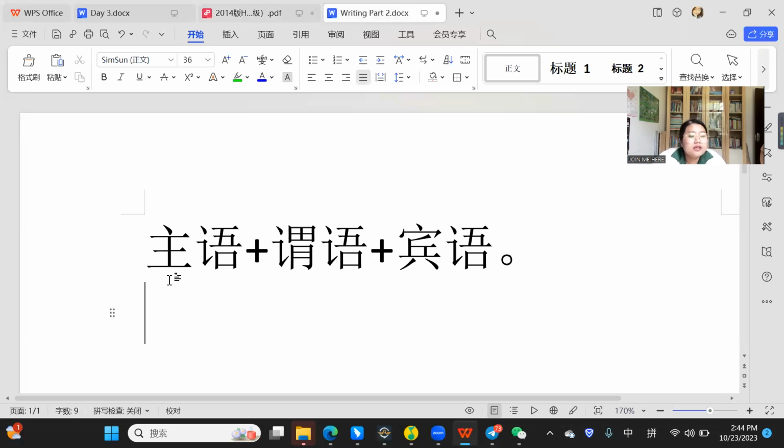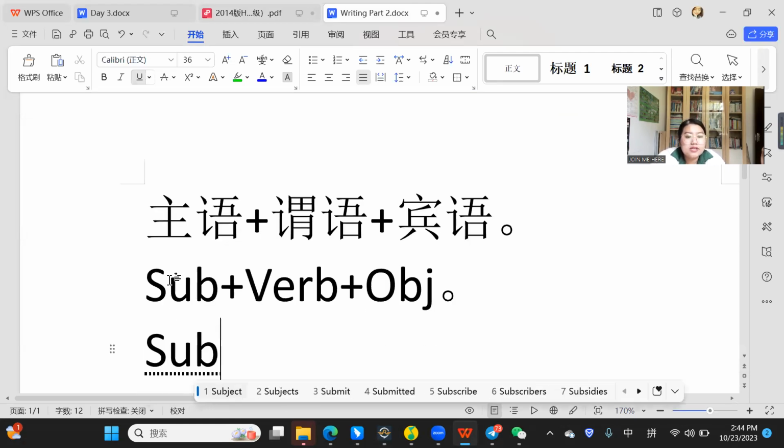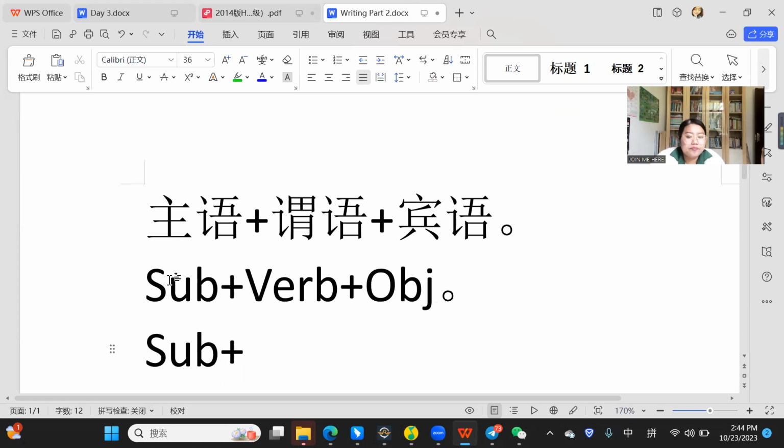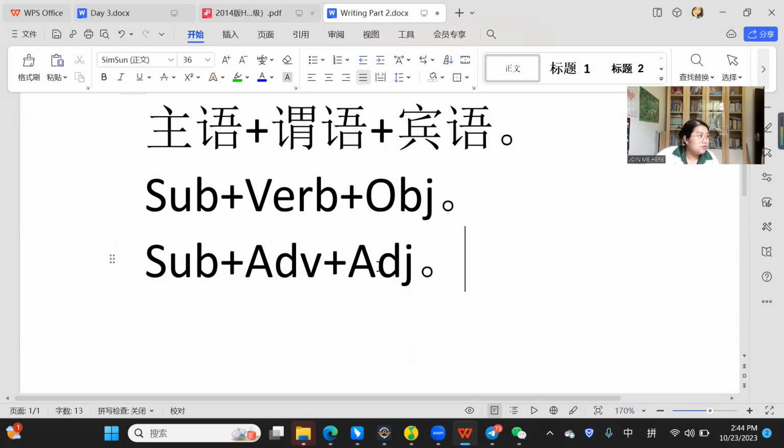That means subject, verb, object, and subject, adverb, plus adjective. Don't forget these 2 patterns because this can help you know where to start.